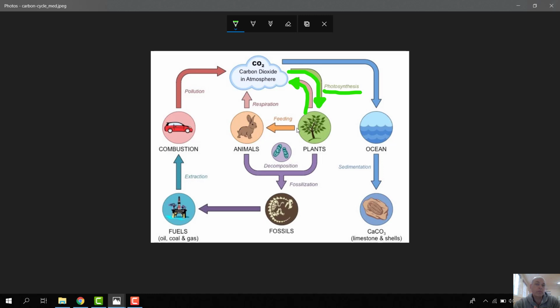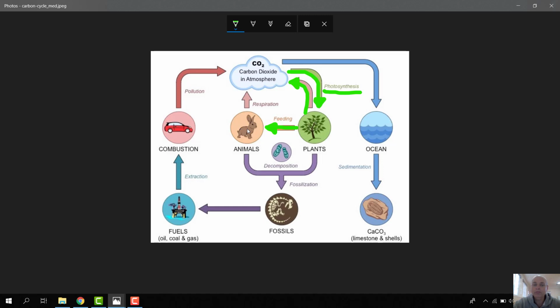The sugars from the plant can be stored in things like an apple or a potato or a carrot. When we eat the plants, or when an animal eats the plant, that carbon gets transferred from the plant to the animal just through the process of eating.